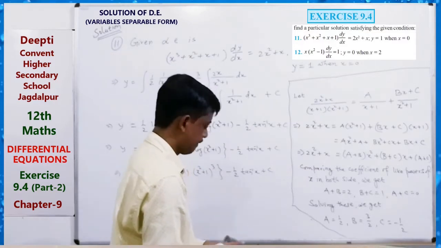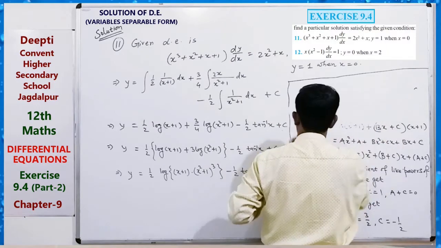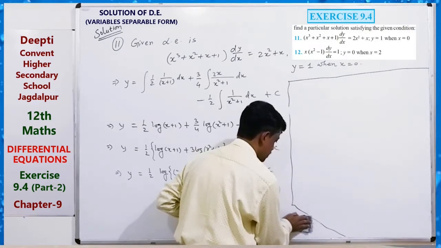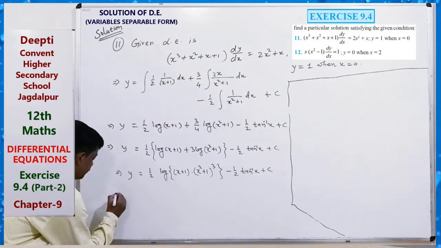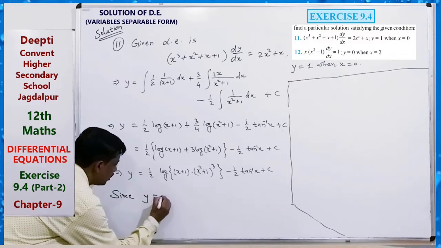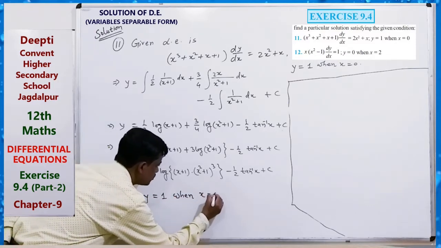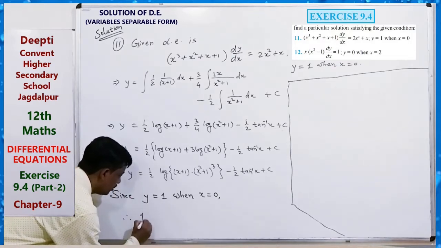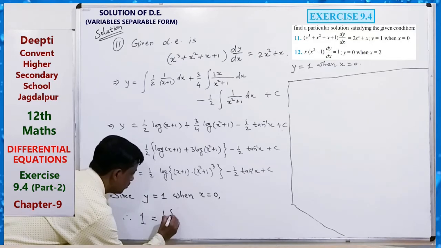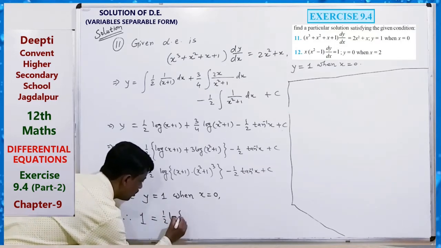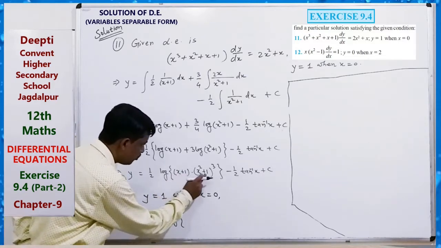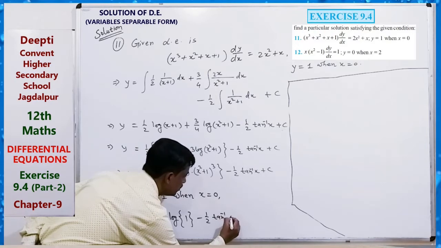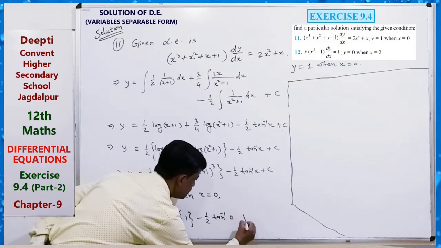So here, since y equals 1 when x equals 0, therefore in place of y, 1 equals half log, x equals 0, that is 1, minus half tan inverse 0 plus c.